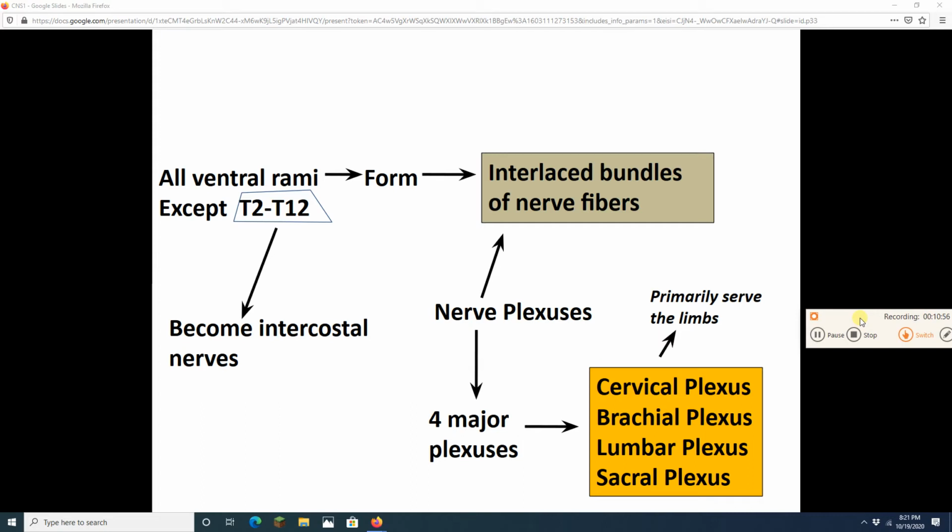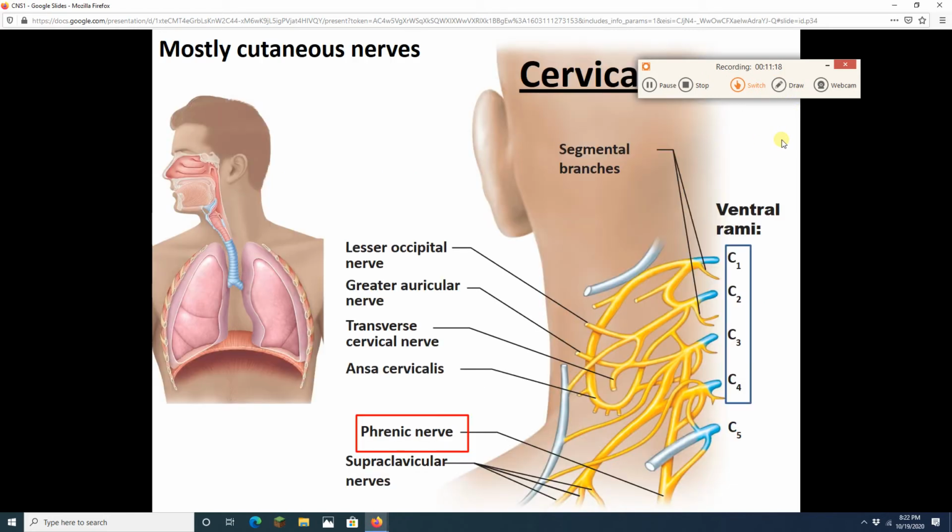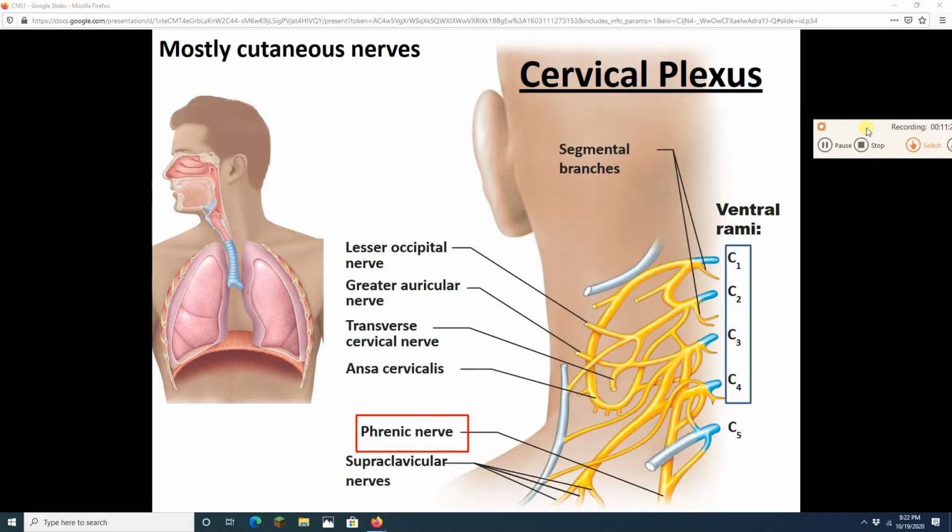We're going to have 4 major nerve plexuses: cervical plexus, brachial plexus, lumbar plexus, sacral plexus. And these guys are all about the limbs. That's their primary function, okay? Sensory and motor info to the limbs. Okay. Doing a lot of anatomy here, I know. Hopefully you're with me. Let's keep going. We're going to start with the cervical plexus. Okay.